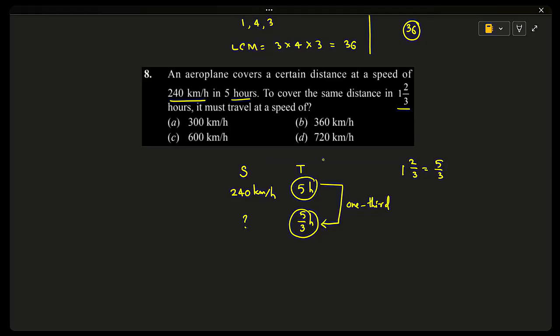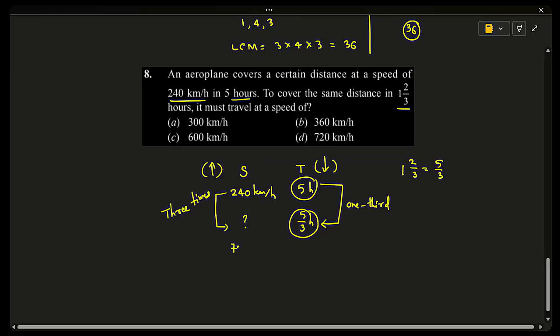When you decrease the time, that means in less time you want to reach the distance, then you have to increase the speed. So one third reciprocal is 3. So just multiply 240 by 3. 240 into 3 is going to be 720 kilometers per hour.